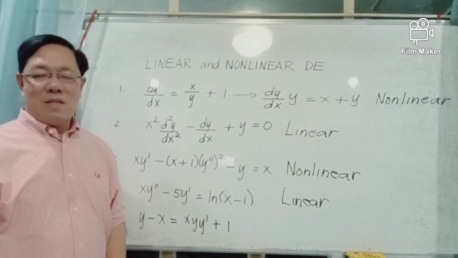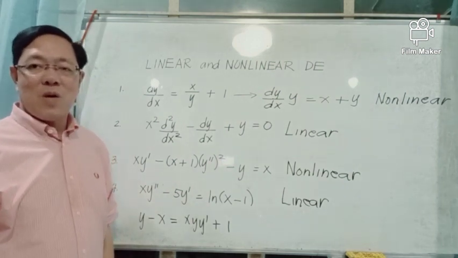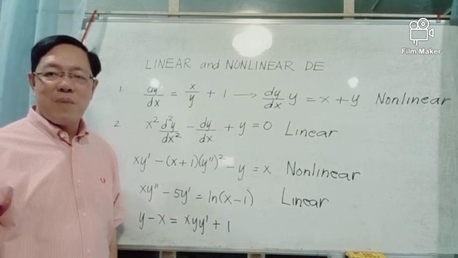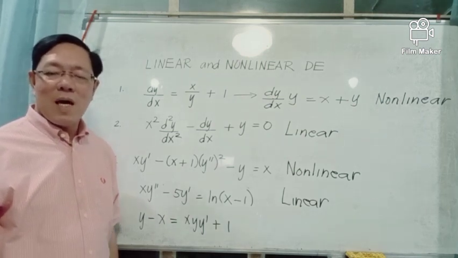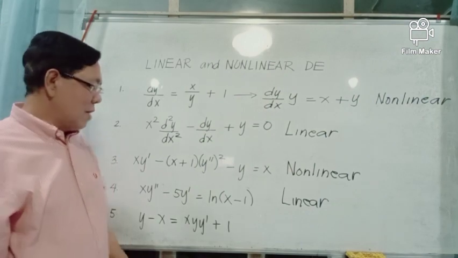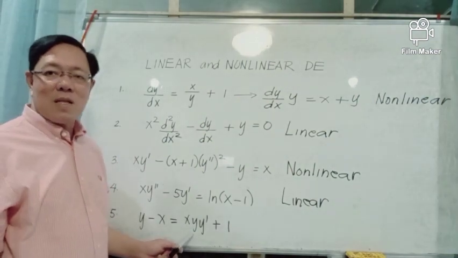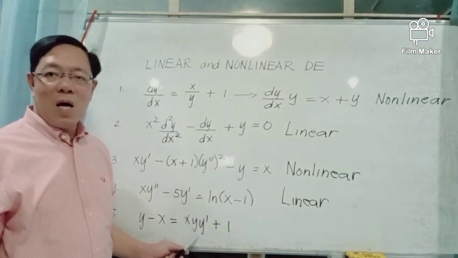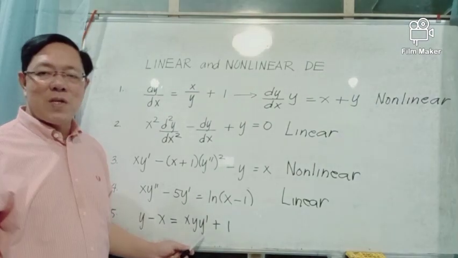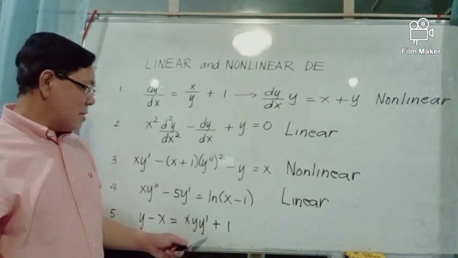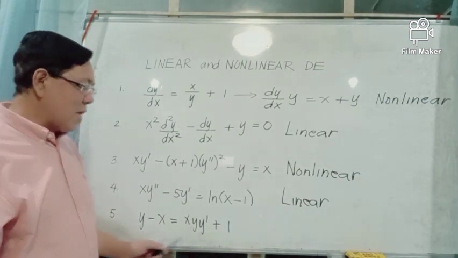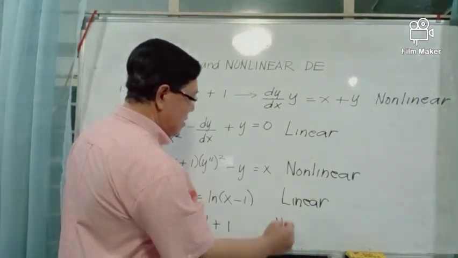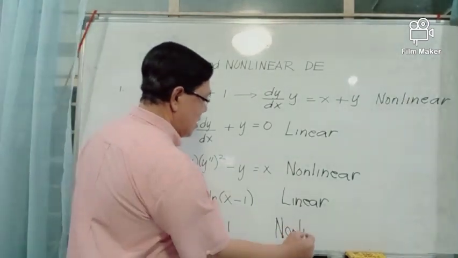And we said that a linear differential equation does not contain any products of the dependent variable and any of its derivatives. So this term makes this differential equation a nonlinear differential equation.